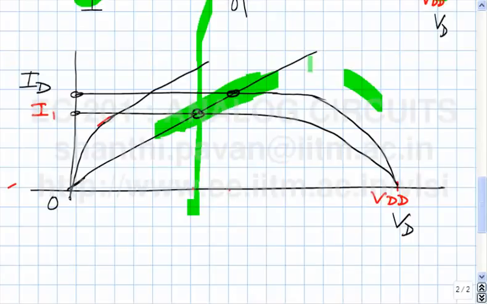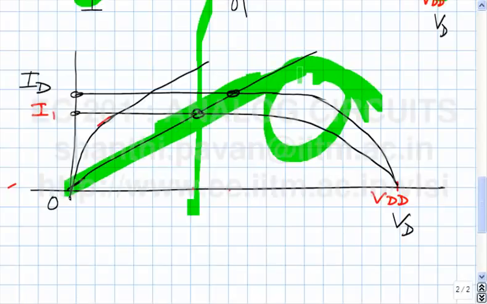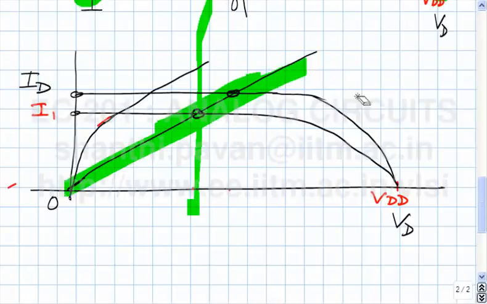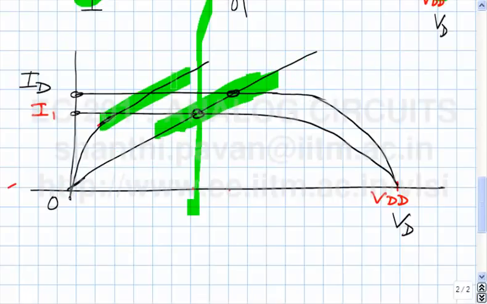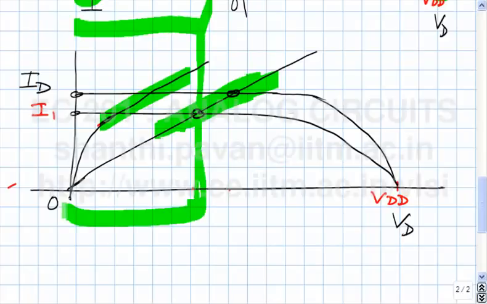If you want the slope to be very small, the only place where this line can intersect these two guys is somewhere far out. And then you say, hey, if I had an element which had a very small slope, but somehow the slope was shifted into the region where the VDD was low, then I would be able to get a large gain without having a concomitant increase in VDD.